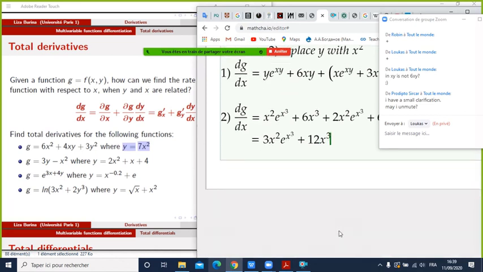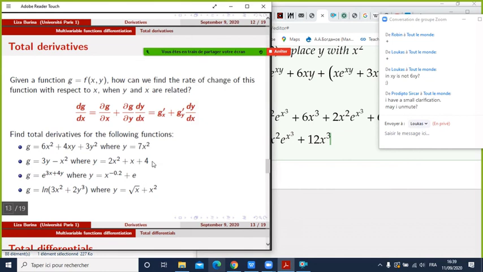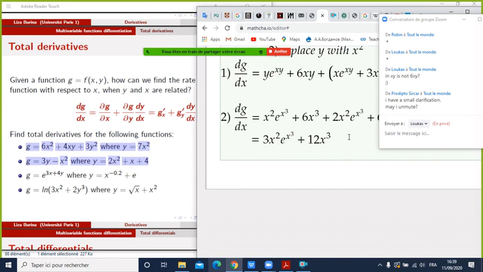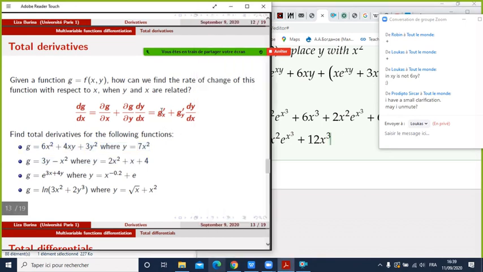So let's do real quick the first two. I am giving you 6 minutes for the first two, and I insist that you use the formula here, because without using the formula I am sure you can do it.